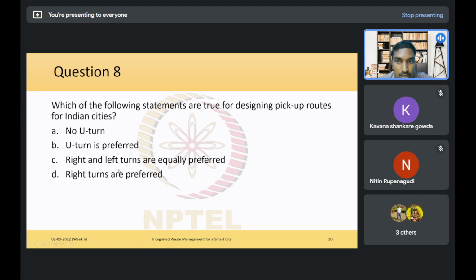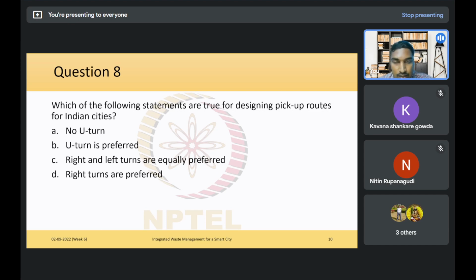And with respect to left and right turns, option C says both are equally preferred, but that's not the case. We prefer one type of turn more than the other, and D says the right turns are more preferred. Actually, both C and D are wrong. In the Indian case, left turns are more preferred. Why? Because when we take a left turn, it's much easier because we are not interacting with the oncoming traffic.